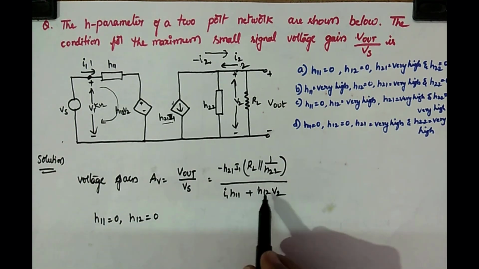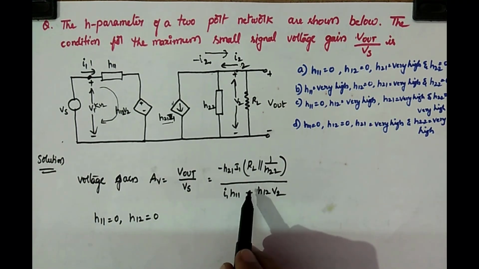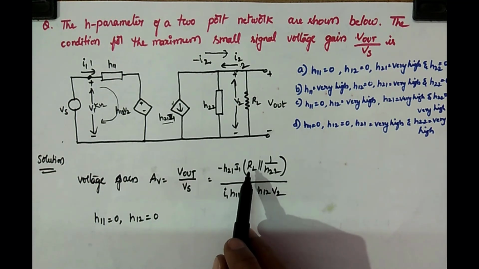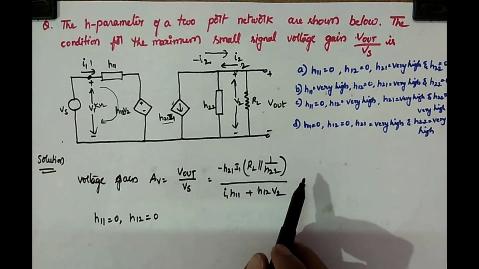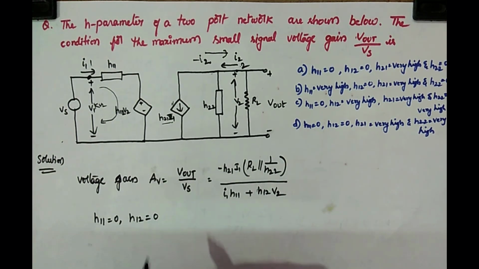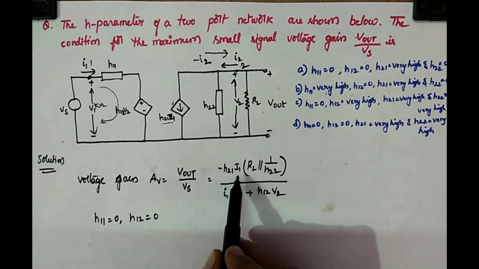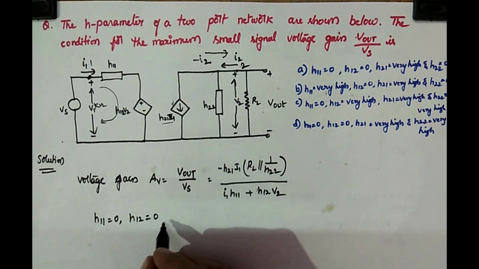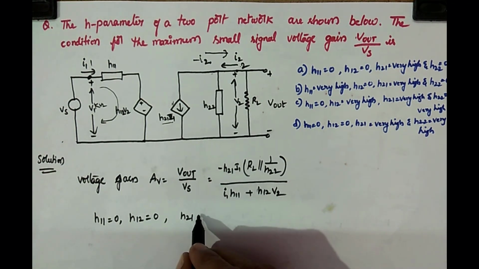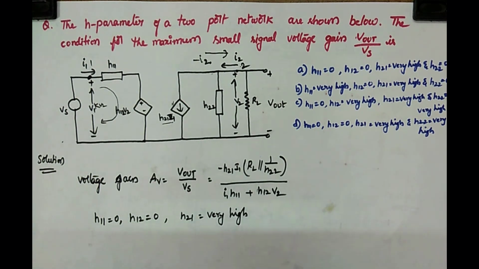When these two are 0, the denominator becomes 0, and the numerator, having some value, divided by 0 gives infinity, meaning maximum. So that is the first condition. Then H21 is in the numerator, so what must be the value of H21? It must be very high.